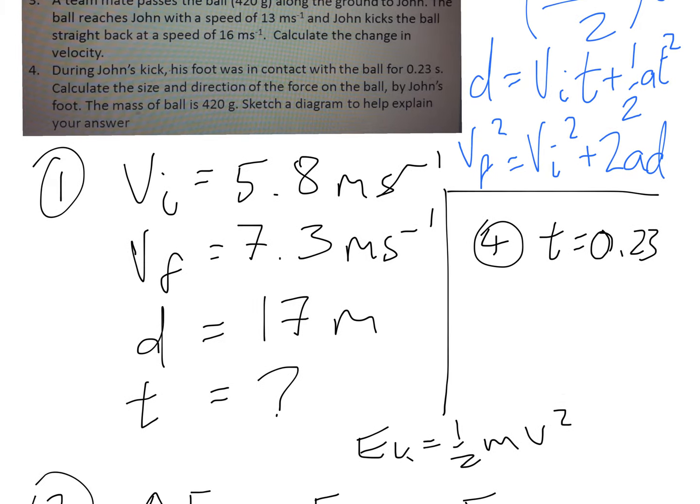And we have to calculate the size and the direction of the force on the ball. Make sure you note that that's the force on the ball, not the force on John's foot.